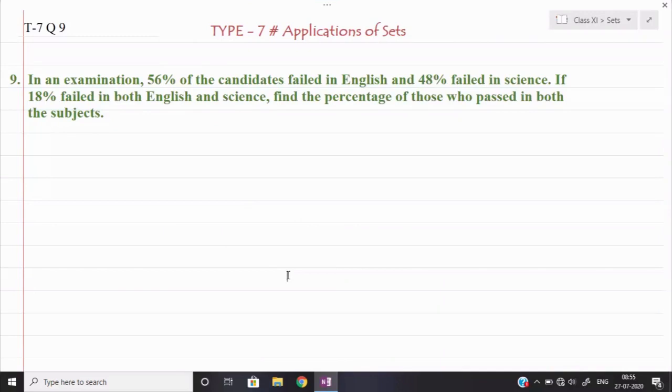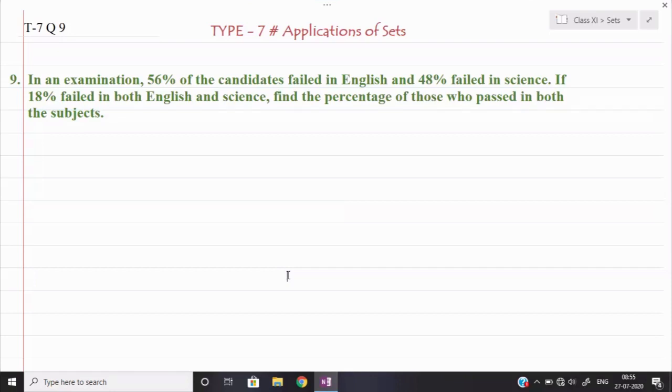If 18% failed in both English and science, find the percentage of those who passed in both. See, here it is a different case. The question is totally different from the previous two, and all data are given in the form of percentage. Exactly how many failed or how many passed is not given in the question. So we have to deal with this question in the form of percentage only.